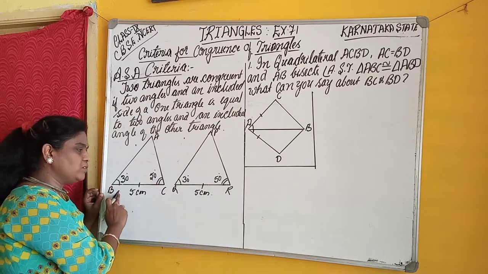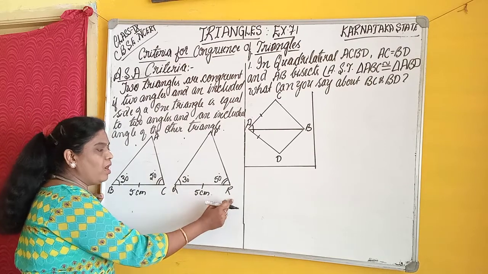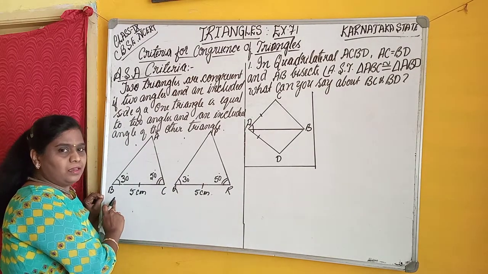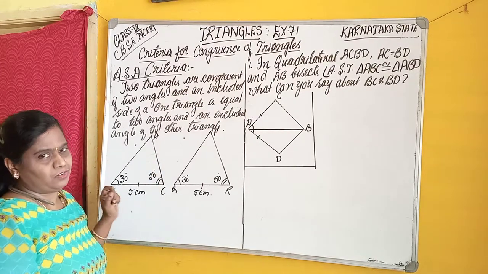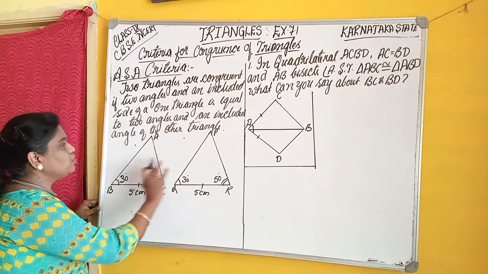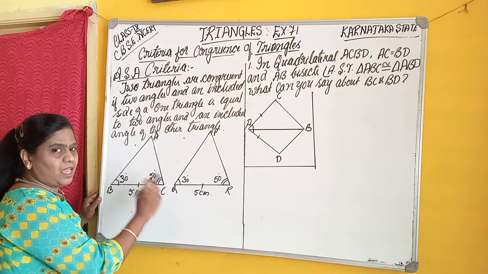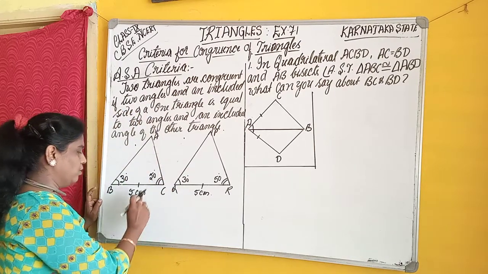When angle B is equal to angle Q and angle C is equal to angle R, and the side included between the two angles is the same, then the two triangles are congruent. Yes, these two triangles are congruent by ASA criteria or ASA congruency rule.